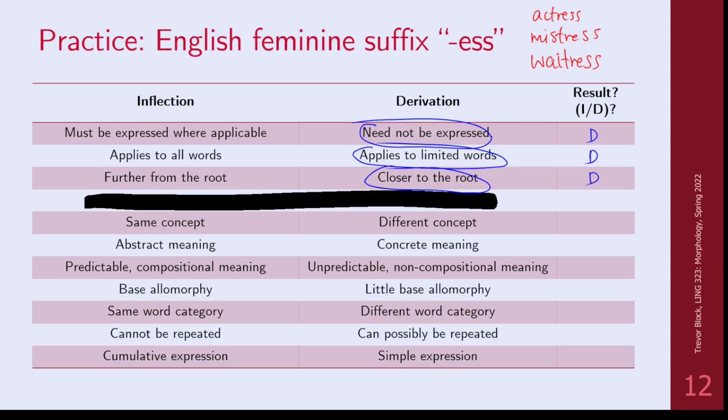Is it the same concept or different concept? Well, the only thing that's really changing is the gender. So actor and actress, the concept is the same. It's someone who acts, but the gender changes. However, there's also the case of mistress. So mister and mistress don't have the same meaning. It's a different concept.